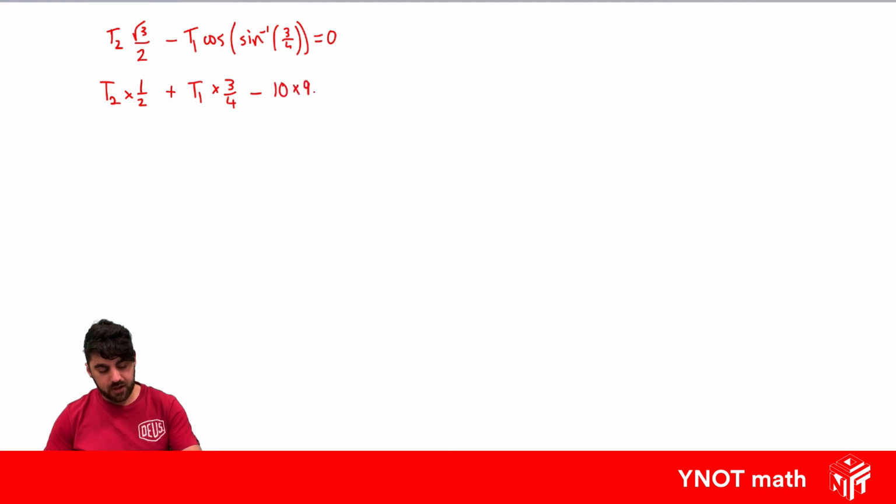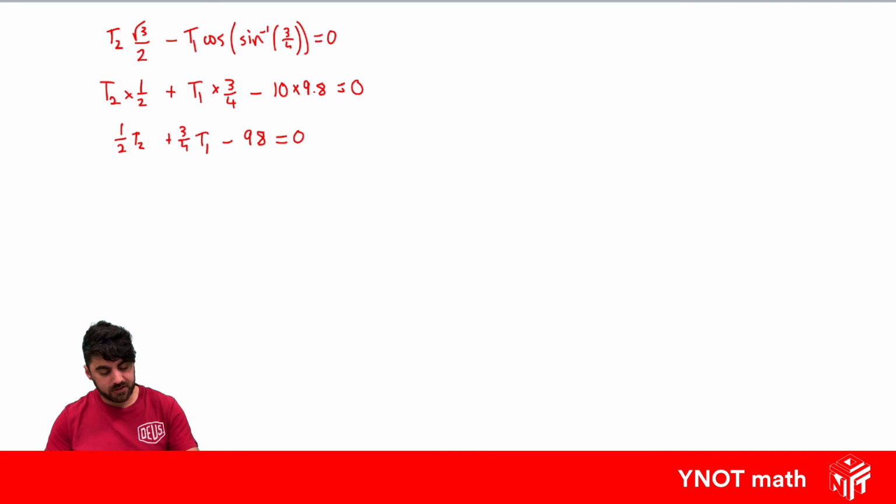We're going to use g as 9.8 to actually get a value, and that all equals 0. So this second equation looks a little bit nicer to deal with, so we'll deal with that. So we're going to get a half T2 plus 3/4 times T1 minus 98 equals 0.